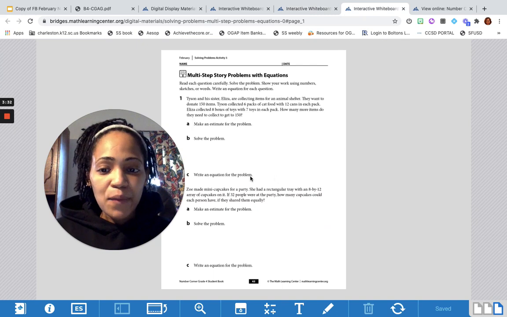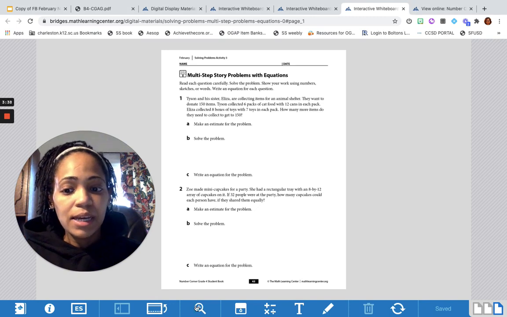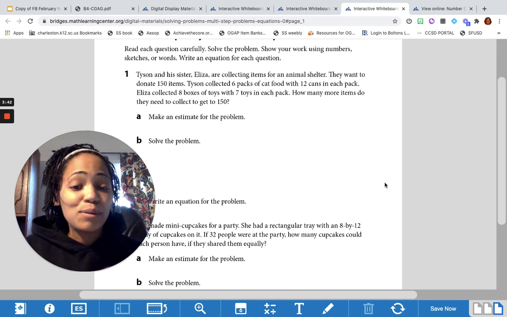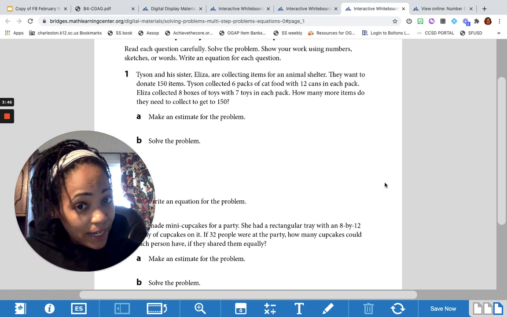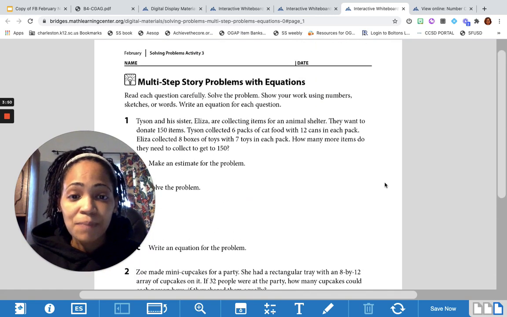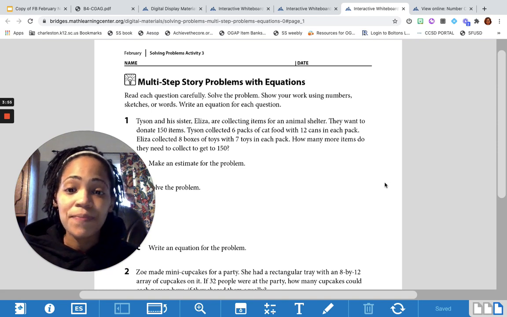Okay, now I want you to get out your Number Corner books and open it up to page 62. And here's where I'm going to say, have a great day to those of you who are really confident and you feel like you can do this workbook page all by yourself. Because it's all about multi-step problems and writing equations to match those problems.